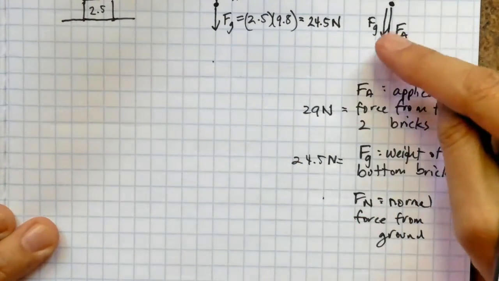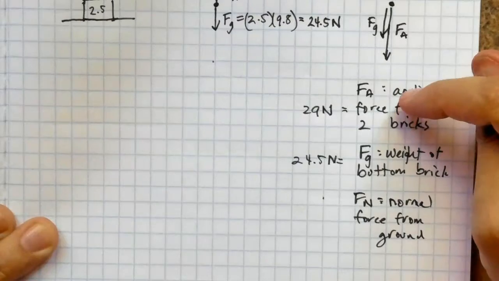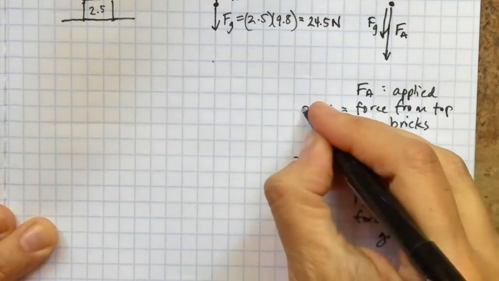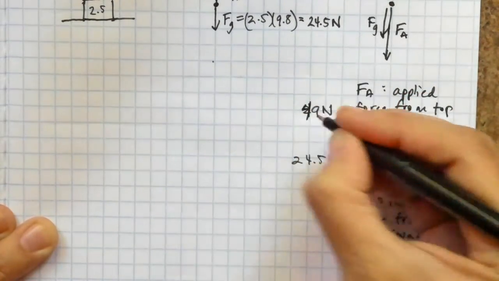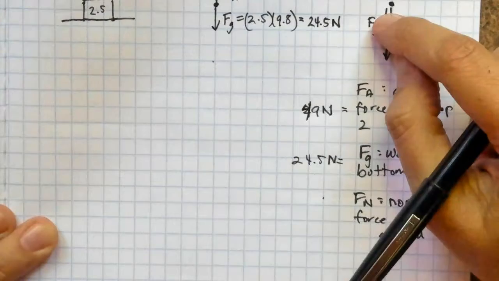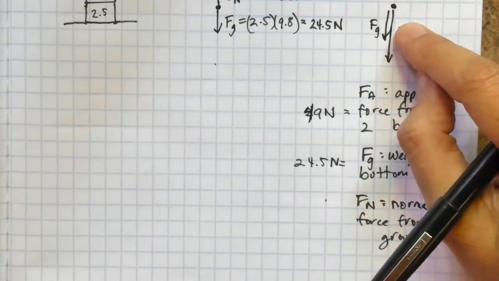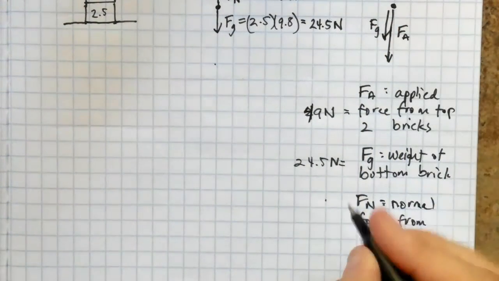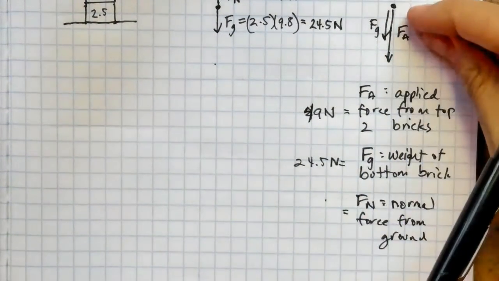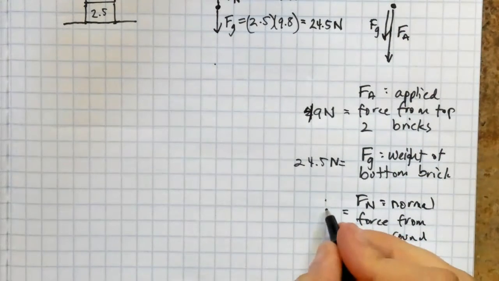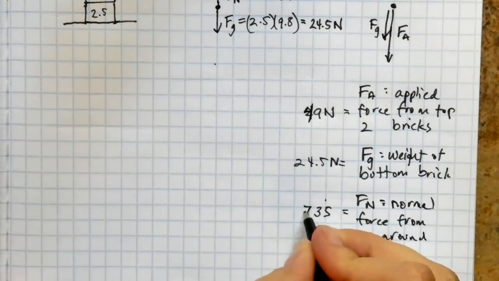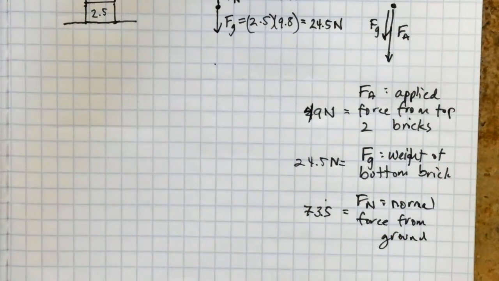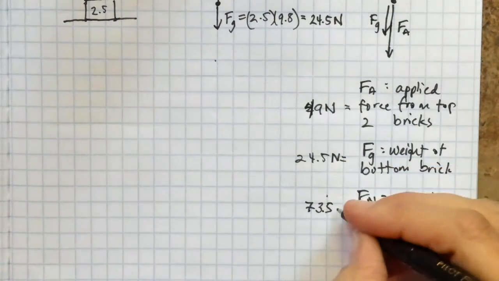So if this is, this should be 49. If this is 24.5 and this is 49, then the normal force is going to be those 2 added together. And that's 73.5 newtons.